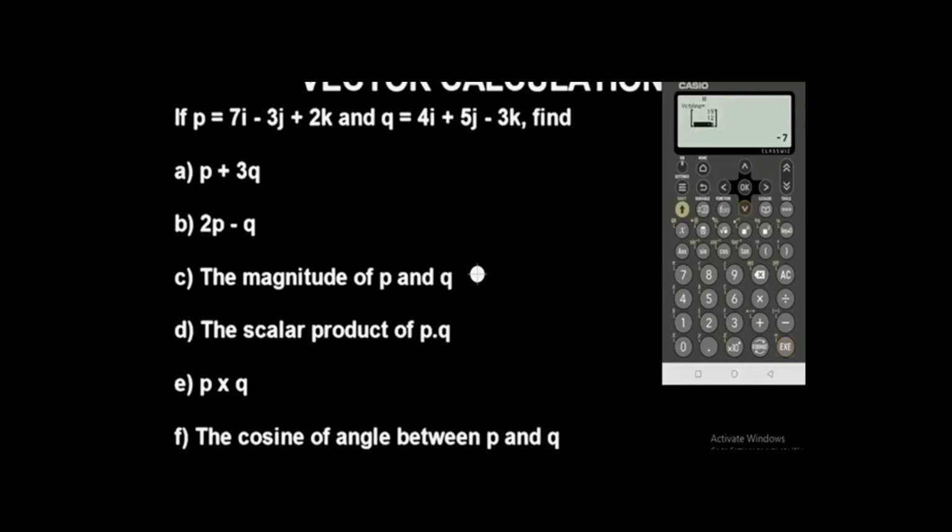Alright, so let's solve the b aspect. 2 vector p minus vector q. So let's remove this. Alright, so press catalog again, vector option.